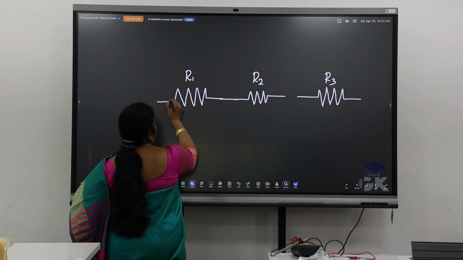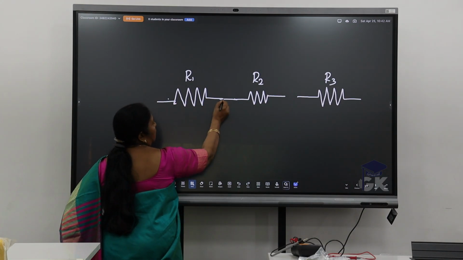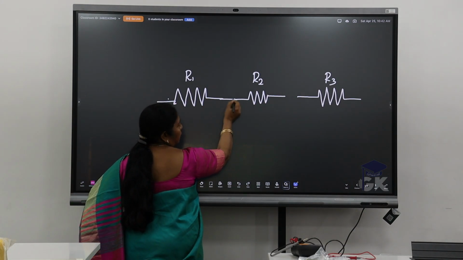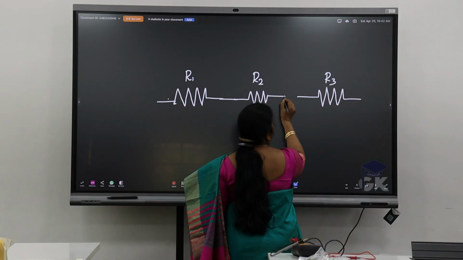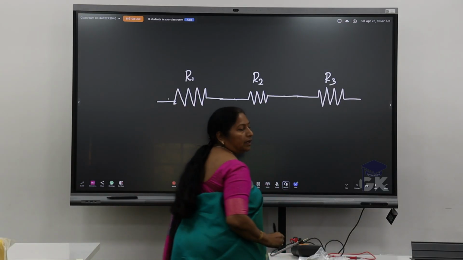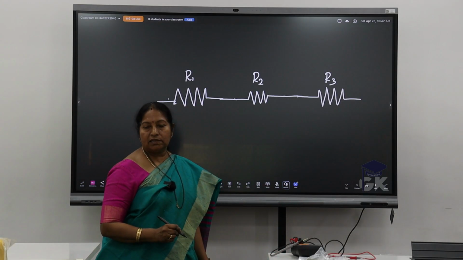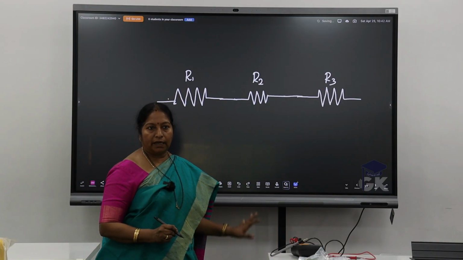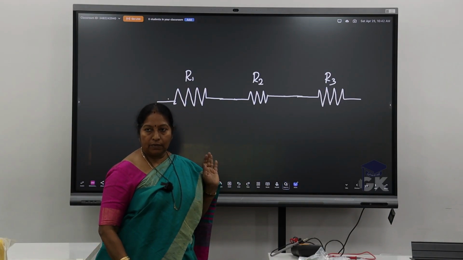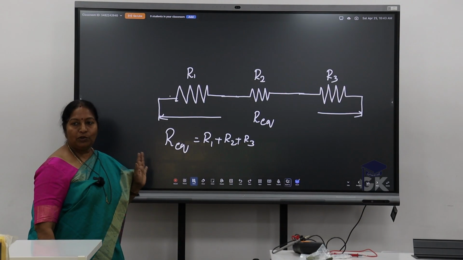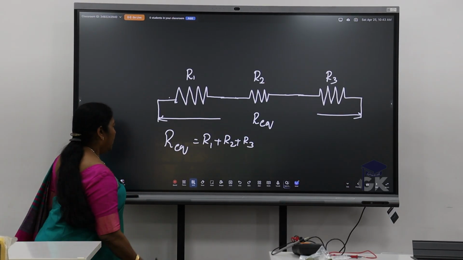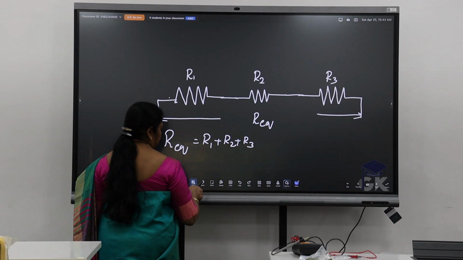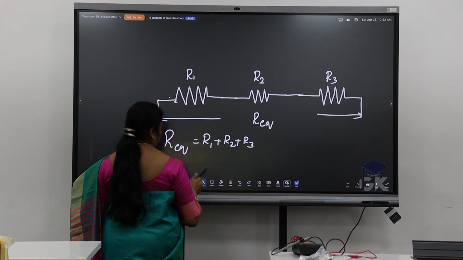Let me say this is the front end, back end. So the back end is connected to the front, and again the back end I am connecting to the front end. Now resistors R1, R2, R3 are connected in series. If that is the case, you need to give me what is the equivalent value. Correct?